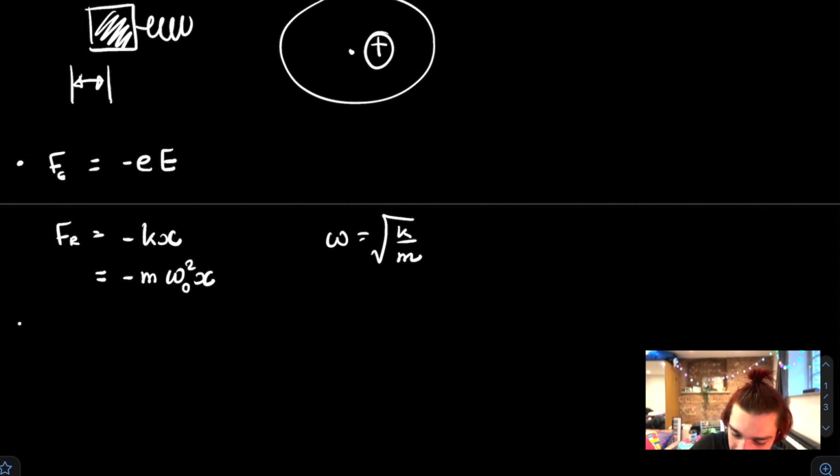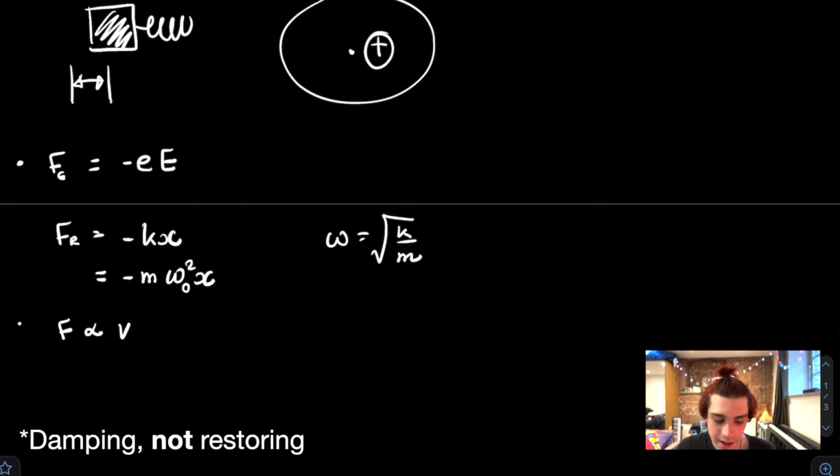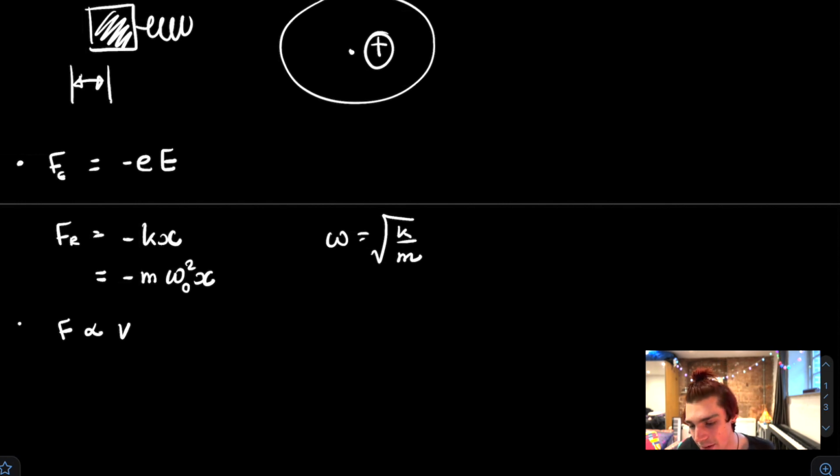And normally we say that any damping force is proportional to the velocity of our moving particles. So basically, the faster our electron cloud moves with respect to the positively charged nucleus, the more damping force there will be. Now, it's actually a little bit more complicated than it would seem, and the damping is due to scatterings that are going on within the material.